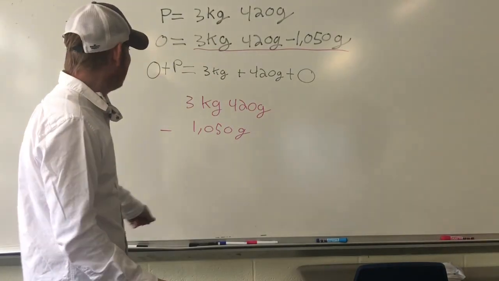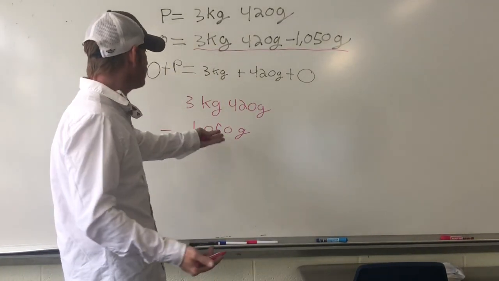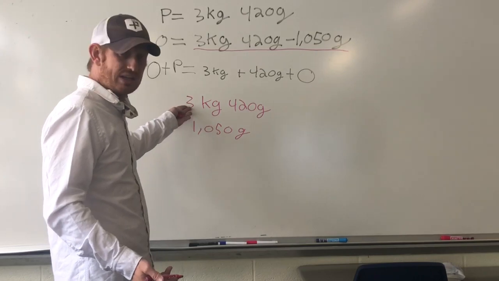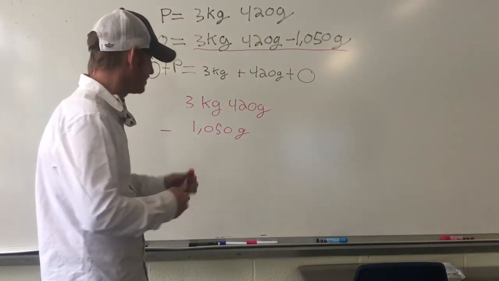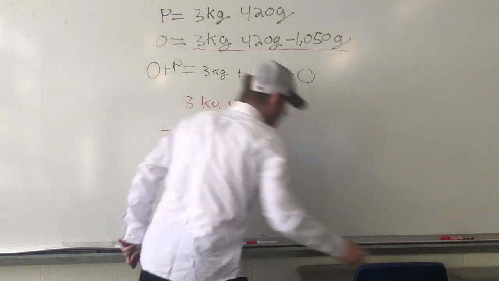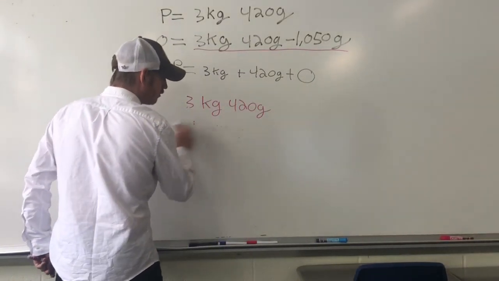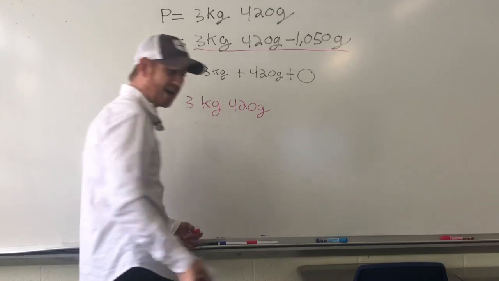The problem here is that I can't do this because they're not in like units. So the first thing I have to do is convert them into like units. Well, luckily I know my conversions and I'm pretty good with my 10 facts.